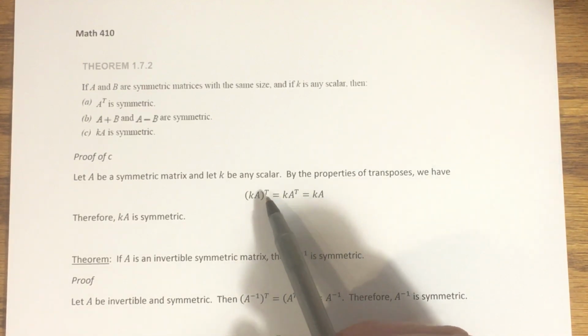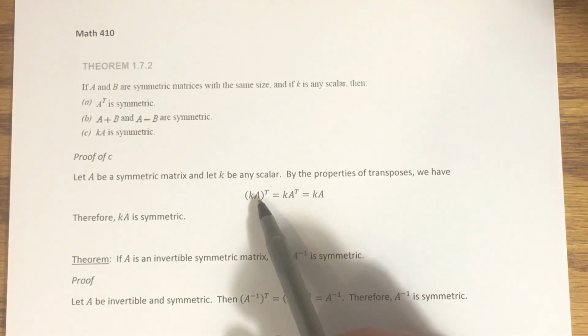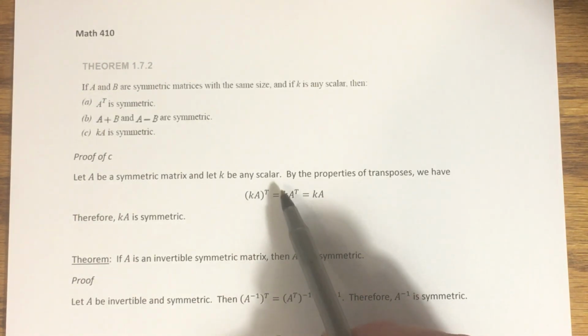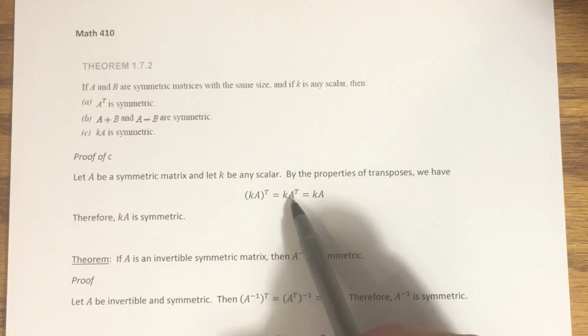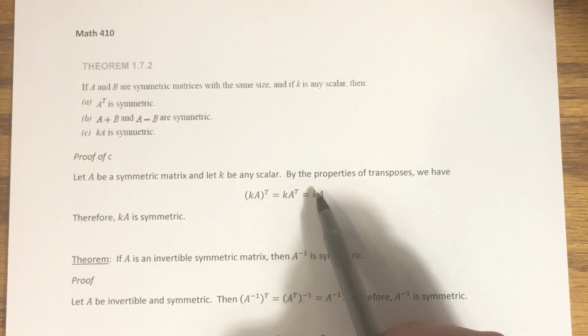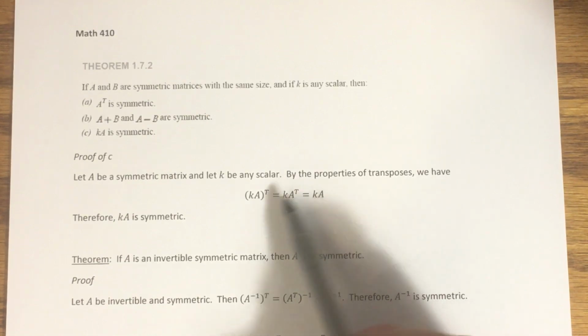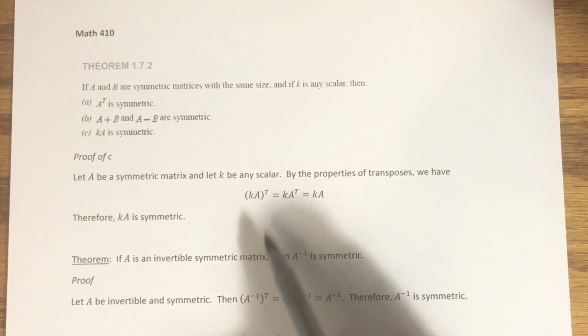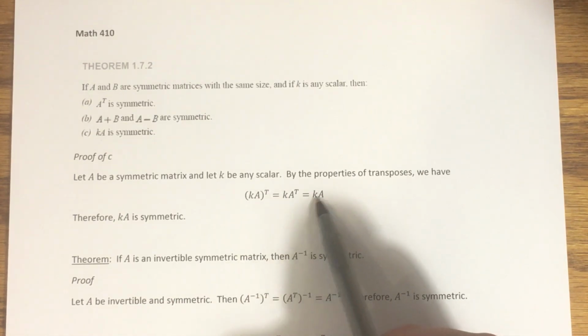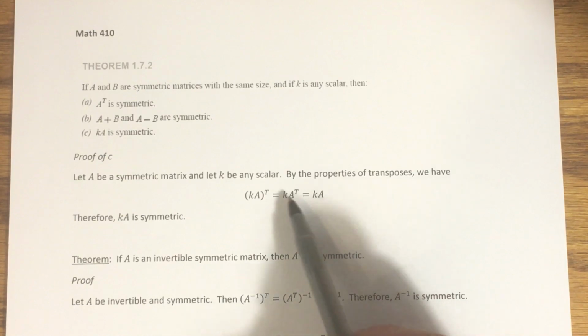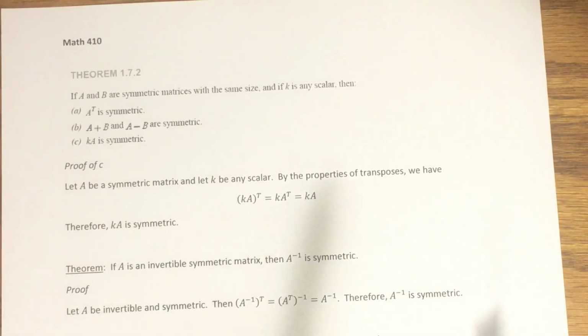Now we know from a previous section, I think section 1.4, we showed that the transpose of a scalar times a matrix is equal to that scalar times the transpose of the matrix A in this case. But we assumed that A was symmetric, which means A transpose is just equal to A. Now notice what happened. KA, when I took its transpose, resulted in KA, the same matrix. That means KA is symmetric by definition.